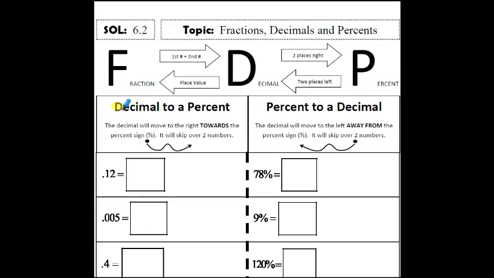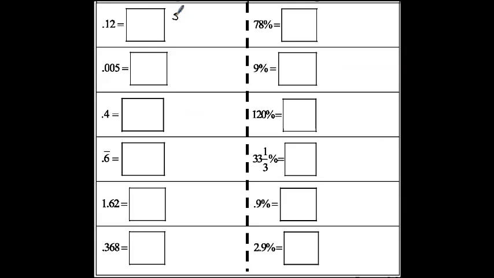We're going to move from a decimal to a percent. From a decimal to a percent, I'm moving 2 places to the right, towards the percent sign, and I'm going to skip over 2 numbers. The percent sign's always on the right side of a number. If I want to turn it from a percent to a decimal, I'm getting away from the percent sign, so I need to move left, skipping over 2 numbers.